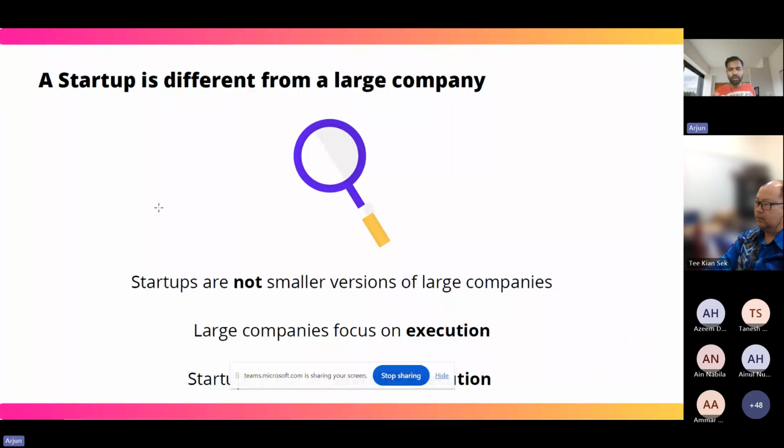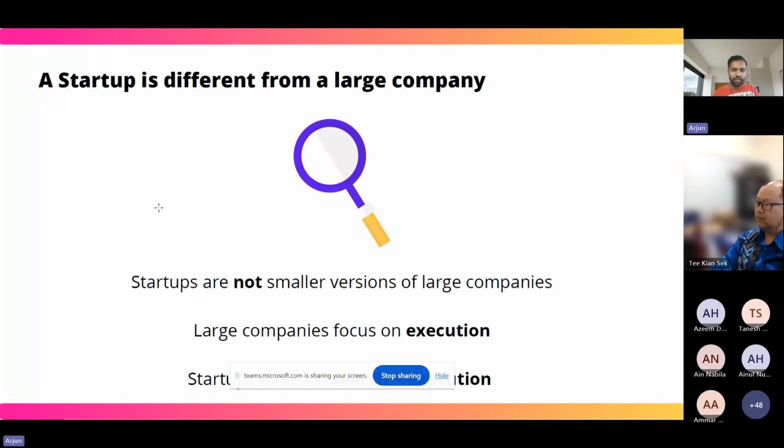So they know all of these things, and they focus on executing things to capture the market. That is what larger companies do. They know the market needs this product, they are going to build this product. They know the market needs this service, they are going to deliver this service. So they focus on execution.